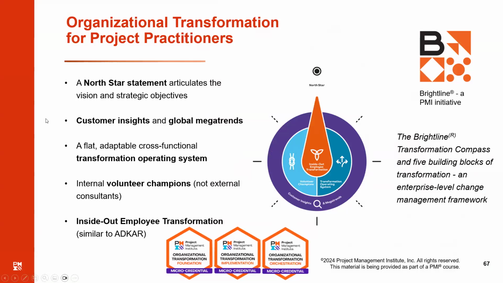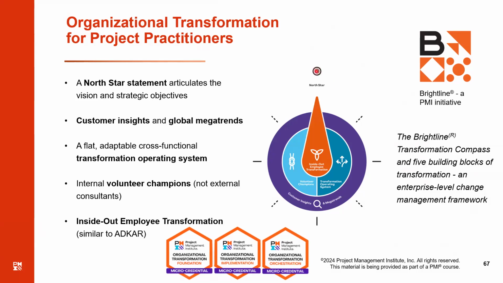Next is the adoption of the ADCAR model into PMI's Bright Line Transformation Compass. PMI adopted the ADCAR model, and they created a compass which has 5 components. And these components are the North Star.